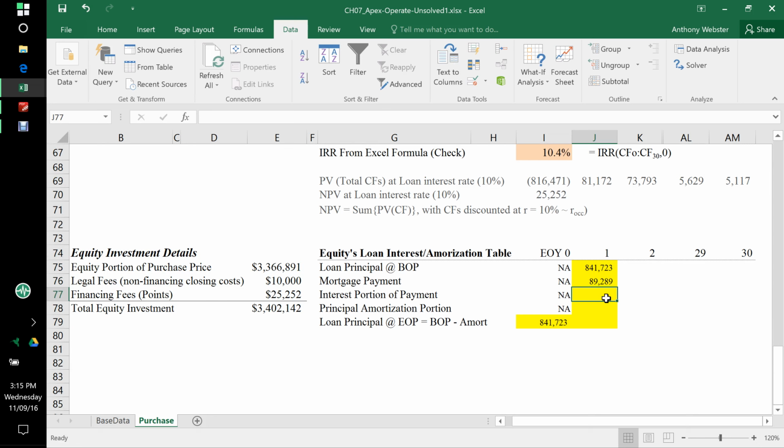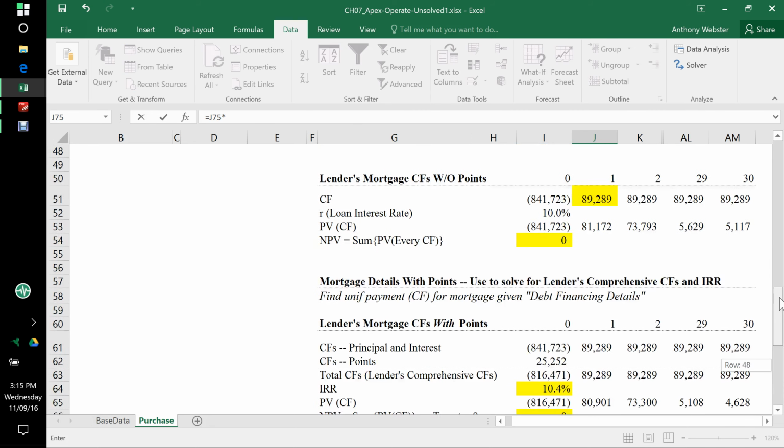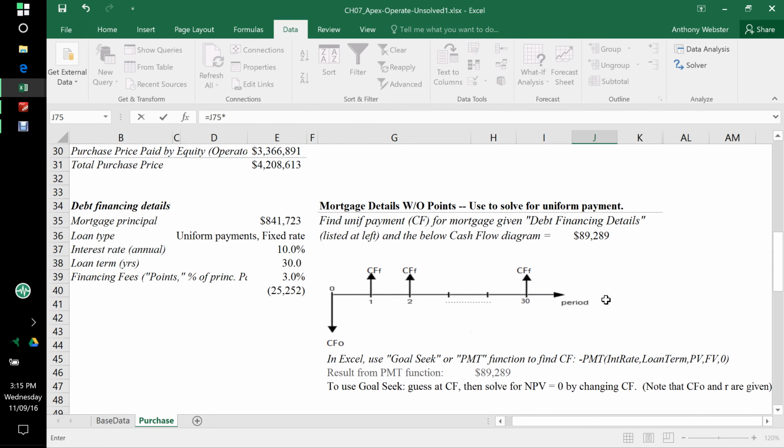Okay, so the interest portion of the payment in each year is always the beginning of period principal balance times the interest rate. So that's going to be, here's my beginning of period in year one, principal balance times, what was the interest rate that the lender gave us? It was, of course, 10%, which is right here.